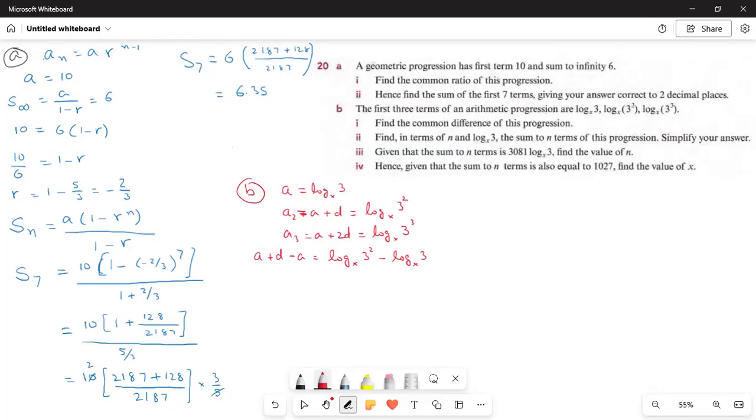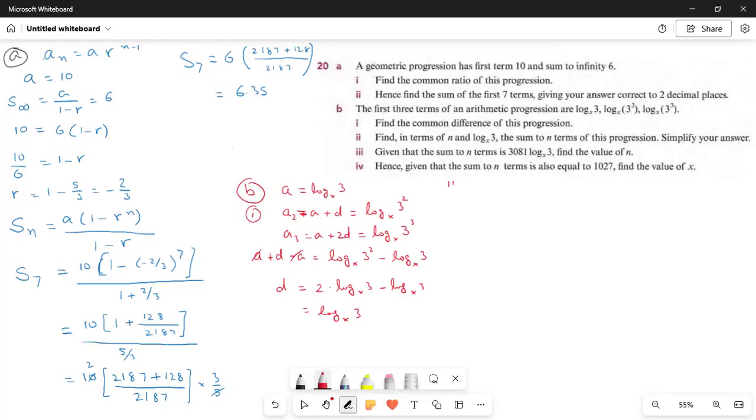Okay, so a cancels and the common difference is equal to, now I can write this as 2 times log x 3 minus log x 3. So you can see if I take log x 3 common, inside I will have 2 minus 1 only, which is 1. So it is log x 3. This is my answer. This is the common difference. Okay, the next, this was 1.